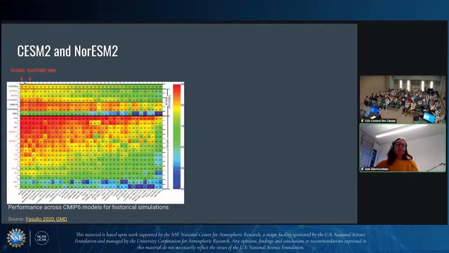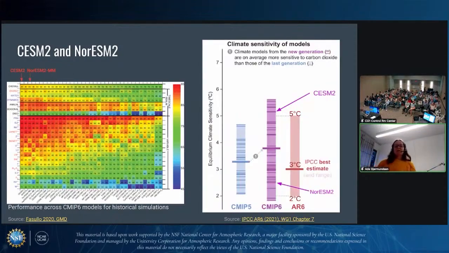We see that CESM2 was ranked top, but NorESM2, with similar resolution as CESM, was also ranked high, which is maybe not so surprising given the similarities. But if you look at the climate sensitivity, there are differences. CESM2 was among the highest climate sensitivity models in the CMIP6 ensemble, while NorESM2 was among the lowest, with a climate sensitivity of 2.5 for both the 1 degree resolution model and the 2 degree resolution model.